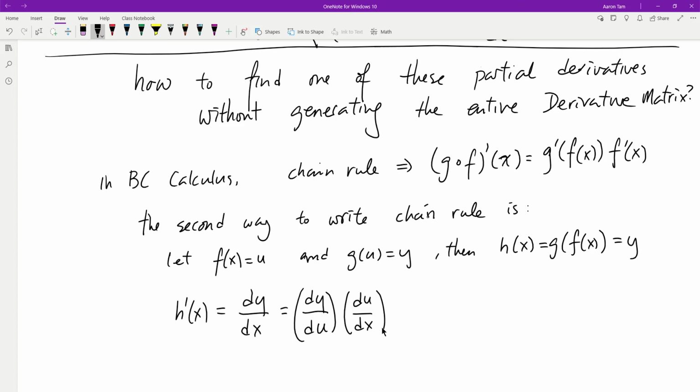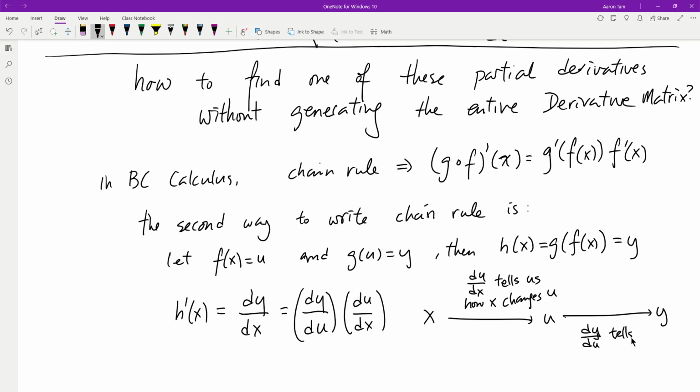The way it works is the following. It is first x, and then we talk about du over dx, which tells us, maybe I'll write it this way. So we have x, and then du over dx tells us how x changes u, and then u would in fact change y, which dy over du tells us how u changes y.